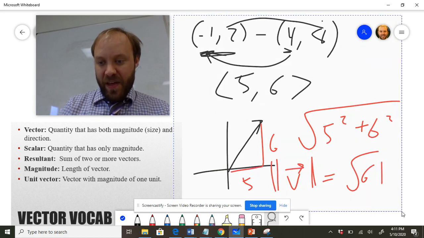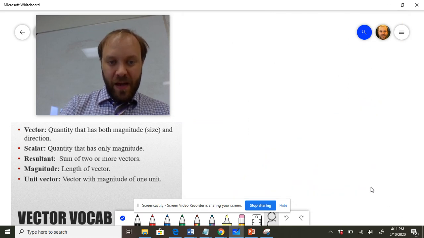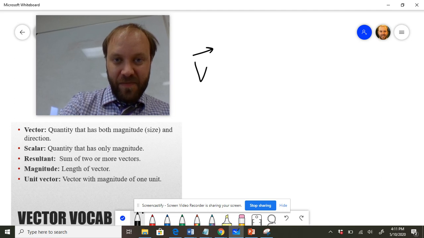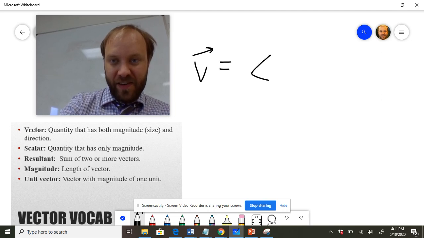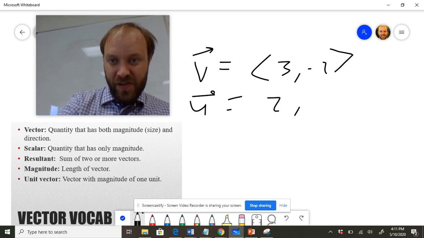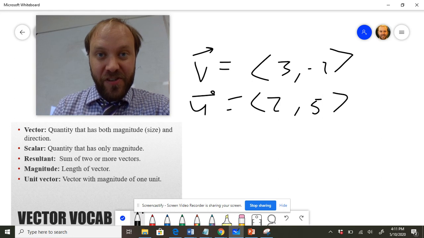All right, some other things. If you have a vector written in standard position, maybe I would have something like vector v, and let's say vector v is 3, -2, and let's say that vector u is the vector 2, 5. You can make calculations. You can add vectors just by adding the two x components together and then adding the two y components together.